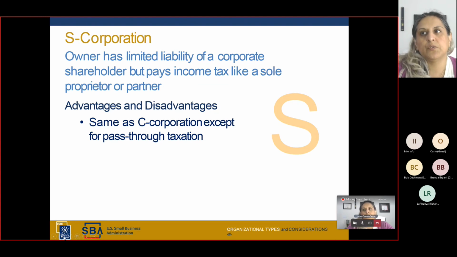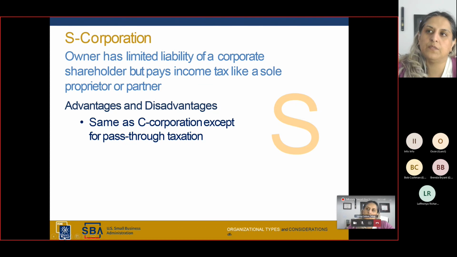To continue in transferability, the S corporation and the C corporation owners are shareholders. So corporations exist for as long as the shareholders decide the company should exist. Ownership is transferable by the sale of stocks. Easy on that one.